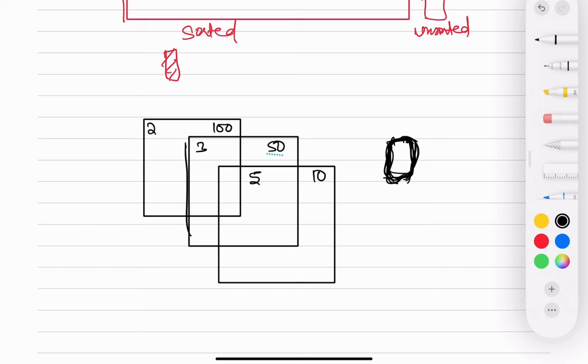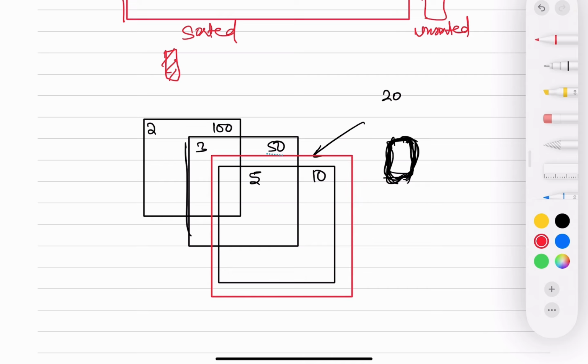Now, if a 20 rupees note comes, you know where to insert it. You know this note will come here, in between, right? The 20 note will come here in between. So that is why it is called insertion sort. The same method we are going to apply when we sort an array, right?